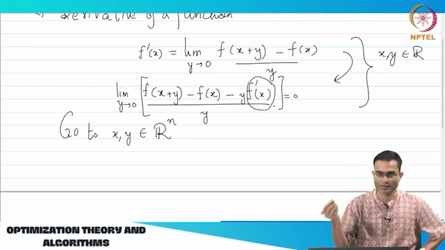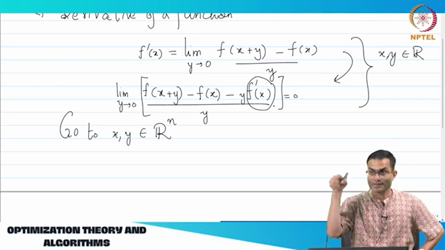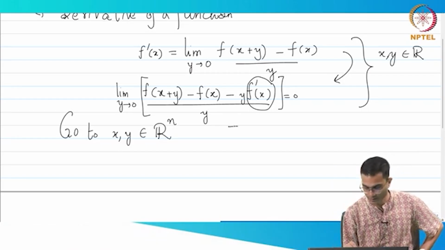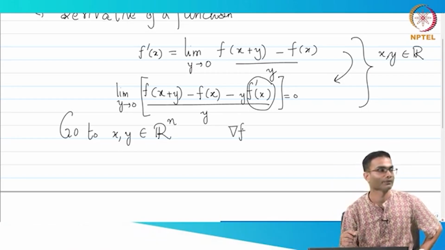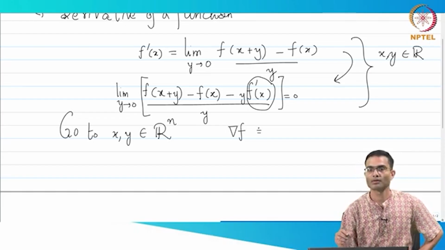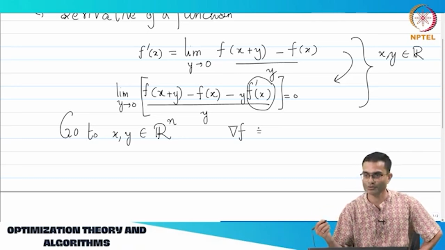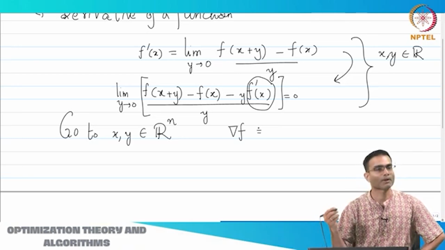There is another special symbol reserved for it, the del symbol, if you have all seen it, right? So we write the derivative like this, grad f. And grad f simply means what? It's a column vector of partial derivatives, right?